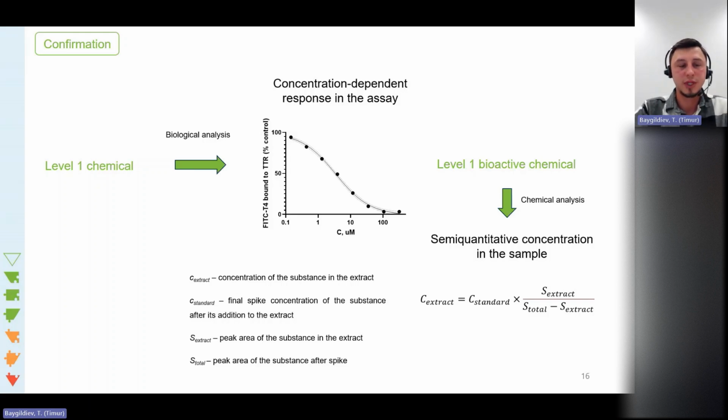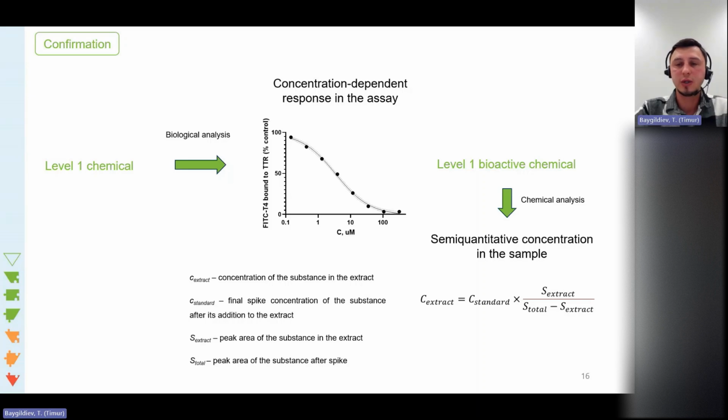If this chemical shows a concentration-dependent response in the assay, then it can be not only a level 1 chemical, but a level 1 bioactive chemical. Further, it's really nice if it can also be semi-quantified or quantified for further evaluation of the contribution of this chemical to the response observed in the fraction in the bioassay.